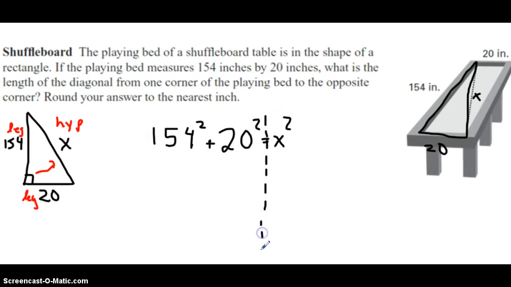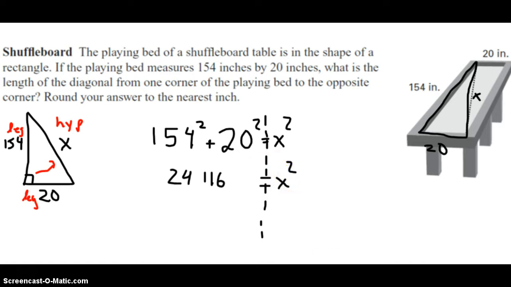So I'll put a line down my equal sign here. I can add 154 squared plus 20 squared on my calculator, and I can type those in together. So 154 squared plus 20 squared is 24,116, and equals x squared still on this side.